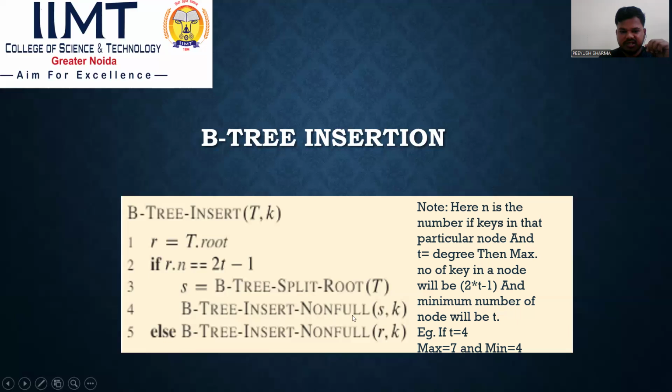So B tree insert non full s, k, else B tree insert non full r, comma k. Here t is the degree. The maximum number of keys possible is 2t minus 1, and the minimum is t minus 1.